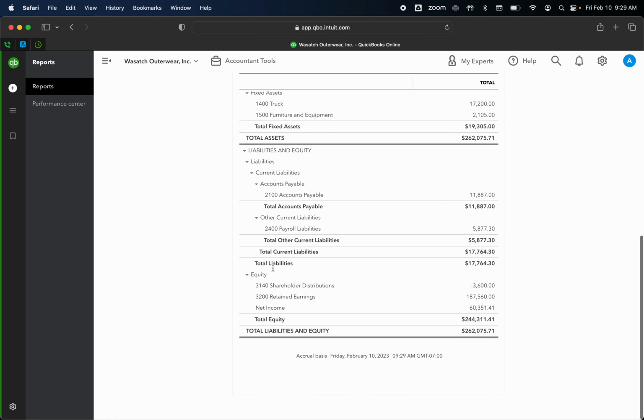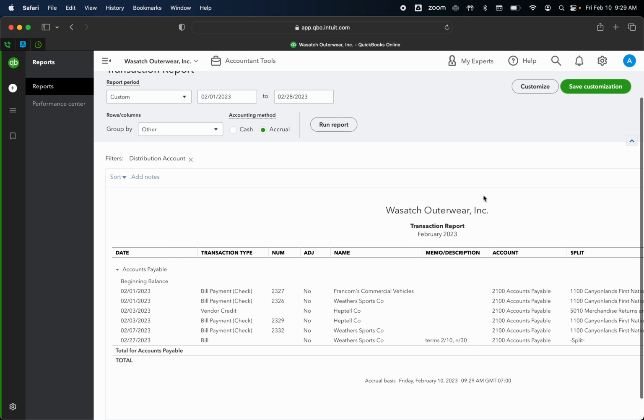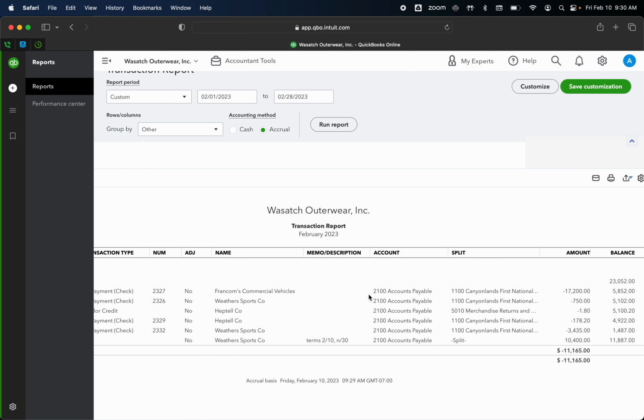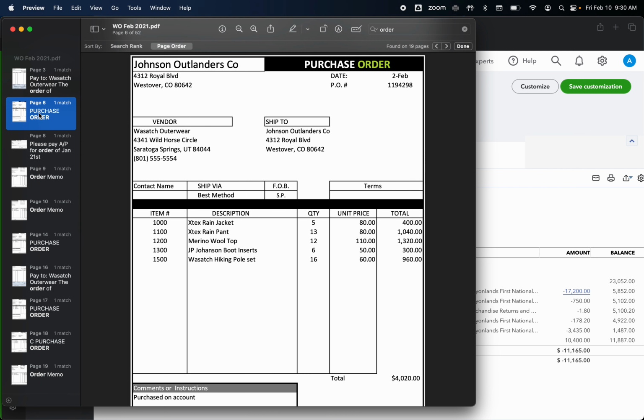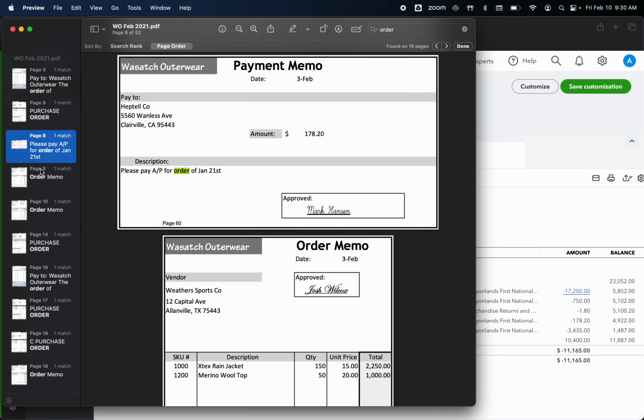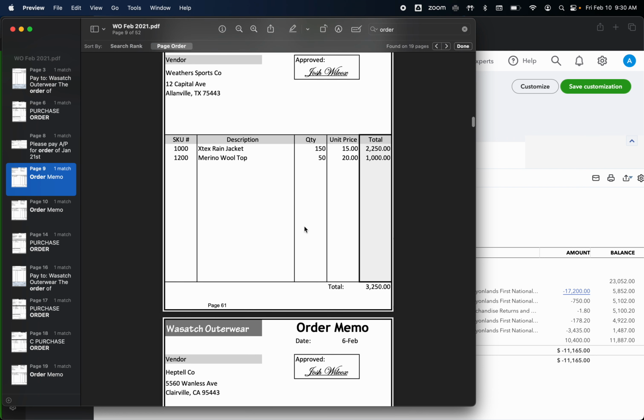So let's actually go to your accounts payable real quick, because your accounts payable has a lot less amounts, and we can search there, and we should be able to find it. So we have your order memos, and the order memos are what we're creating bills off of. We have the 3250.